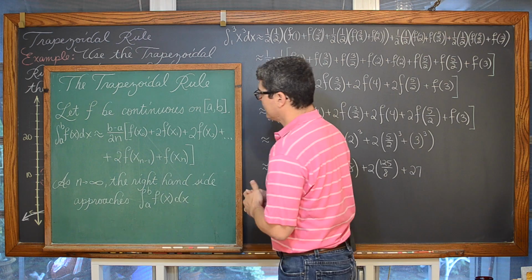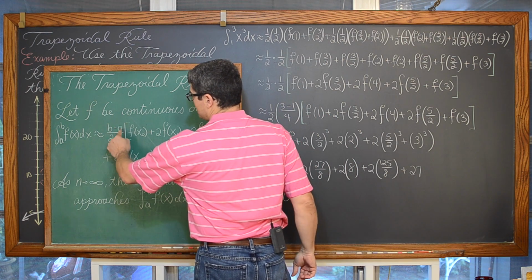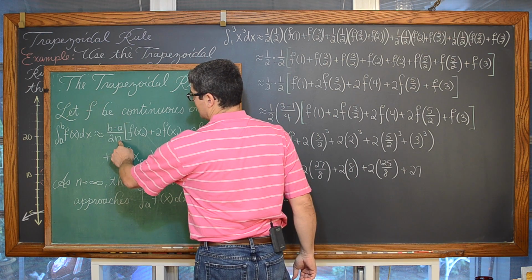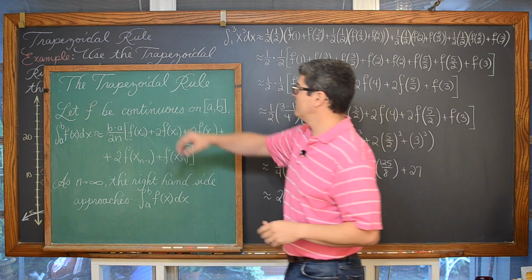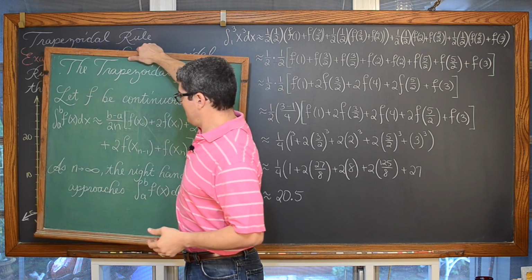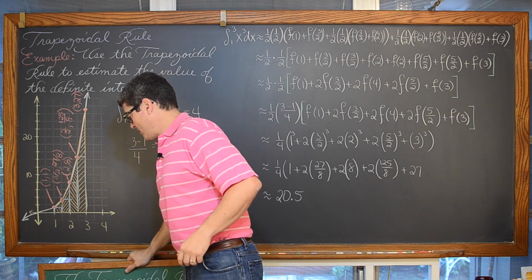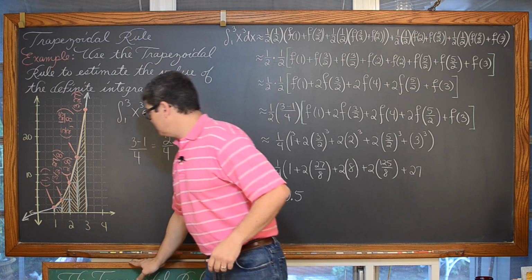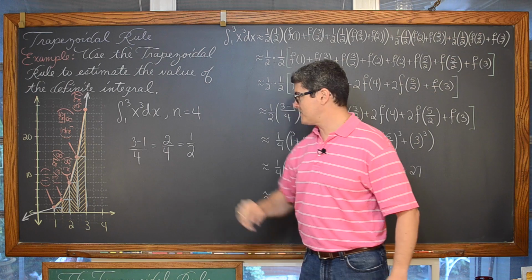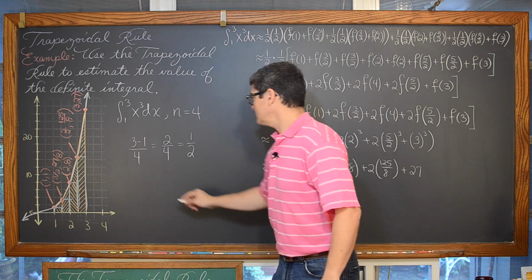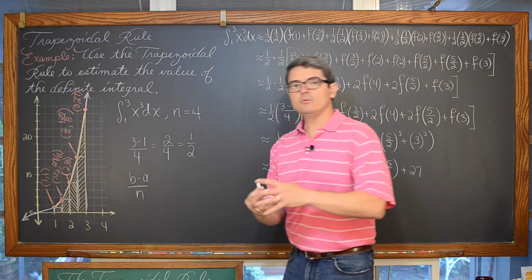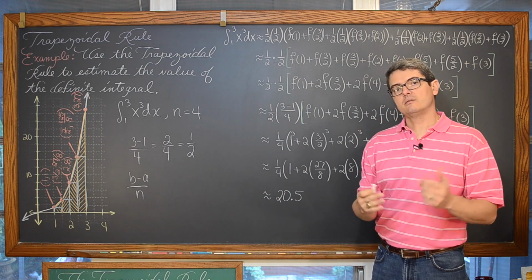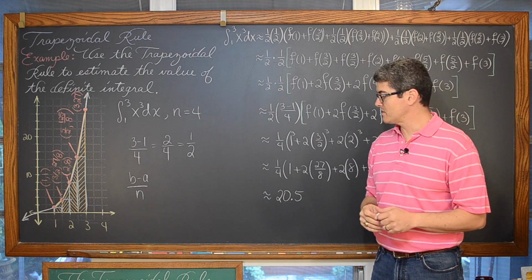Okay, the only thing bothering me a little bit here is this idea of b minus a over 2n, because you saw we're going to do this problem without actually knowing the trapezoidal rule. I did b minus a over n to calculate the height of each of those trapezoids.